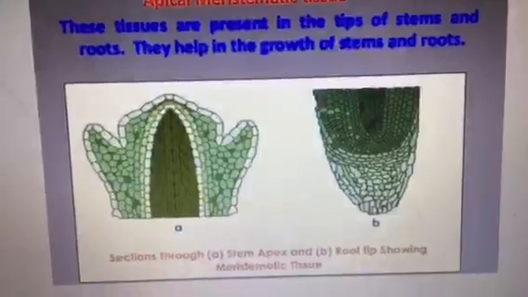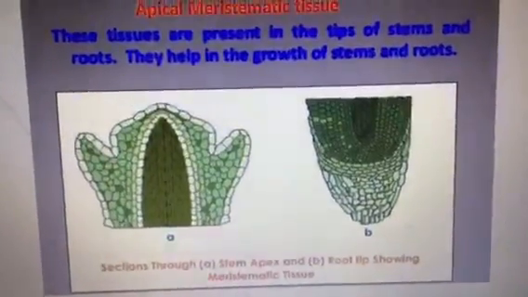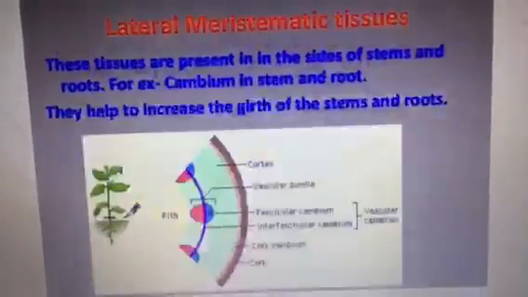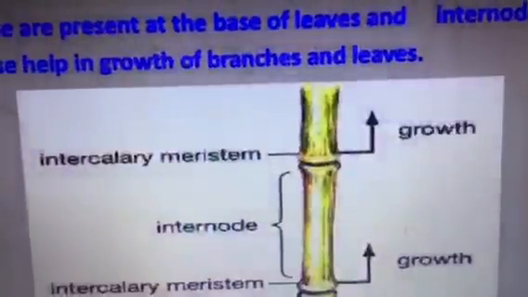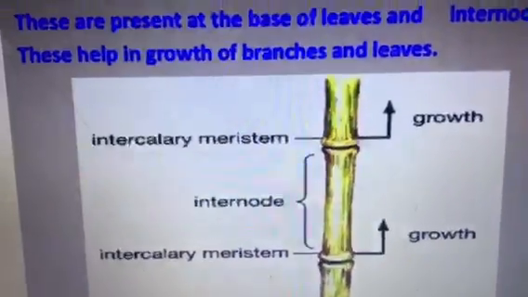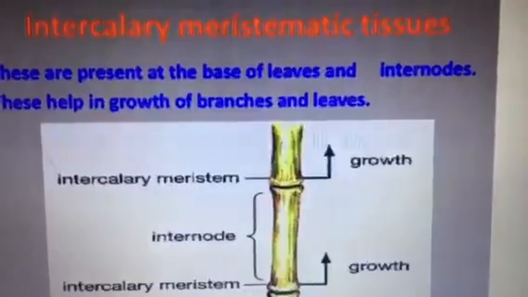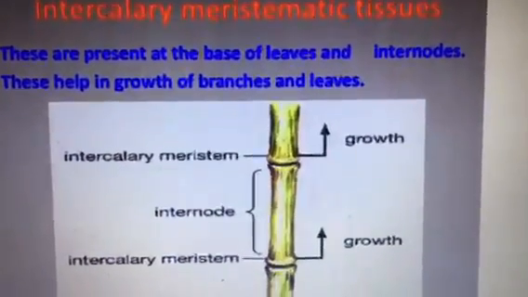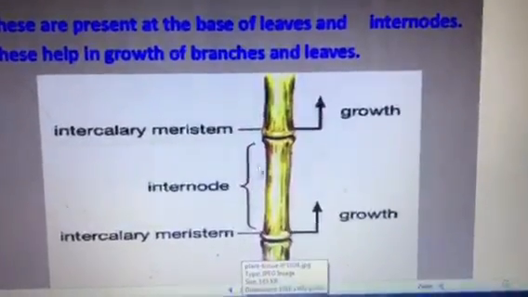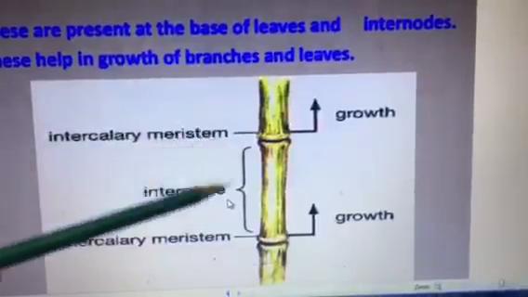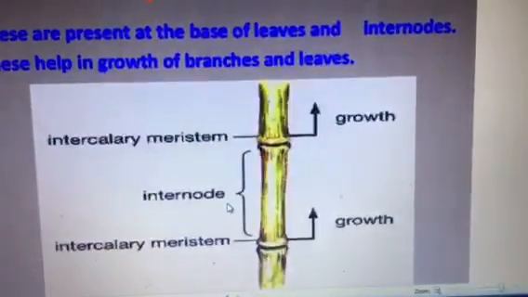These again develop to form secondary tissue. Now come to the intercalary meristematic tissue. They are present only in monocot plants and are intercalated between permanent tissue. Here you can see the nodes, and the space between two nodes is called the internode.